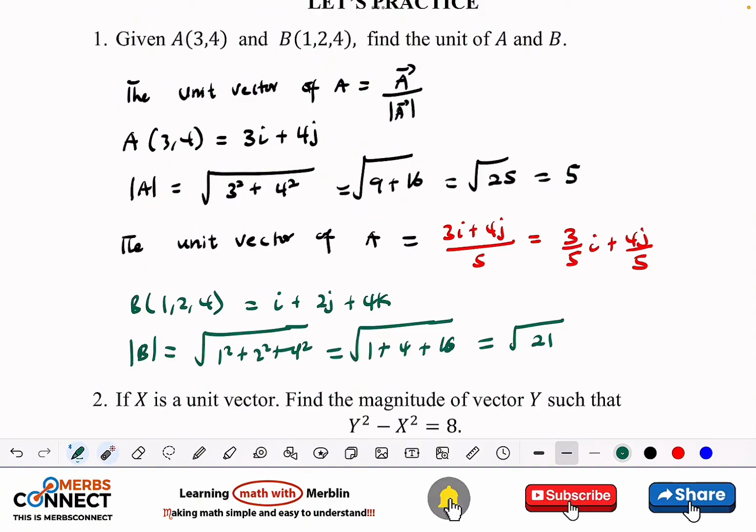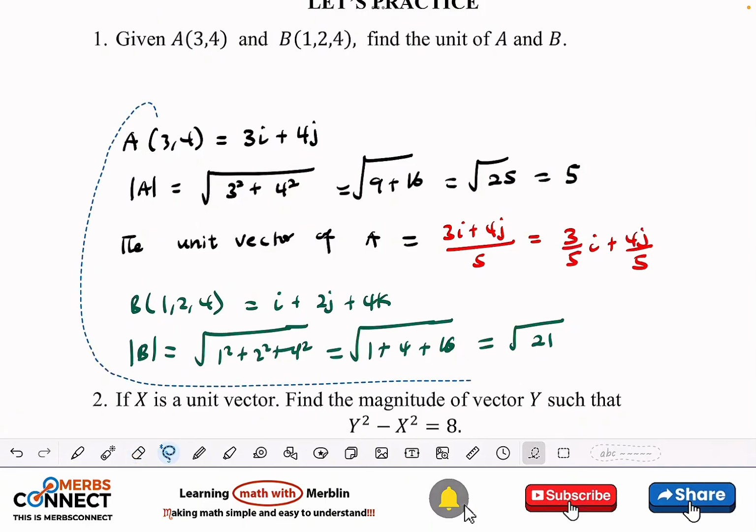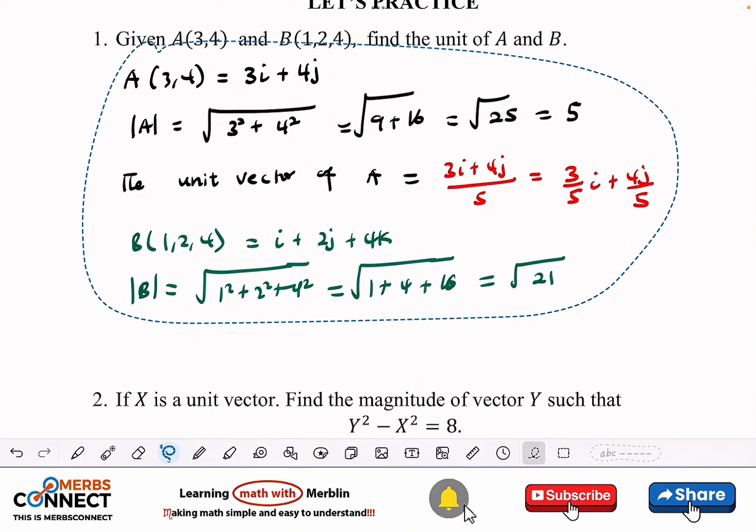So now what will be the magnitude of B? Basically, the magnitude of B is going to be this divided by that, and then we are done. So let me just clean this so that I can conclude with the first question that we were just doing. Good.